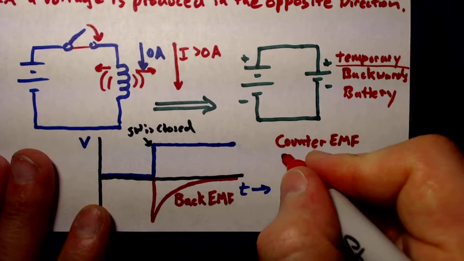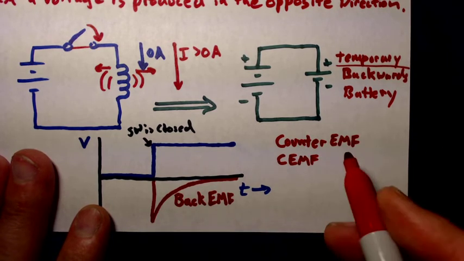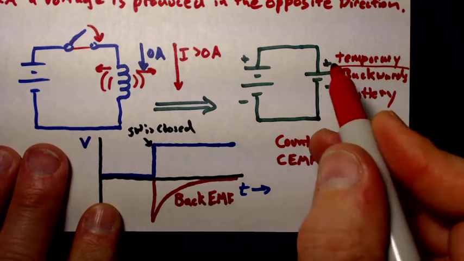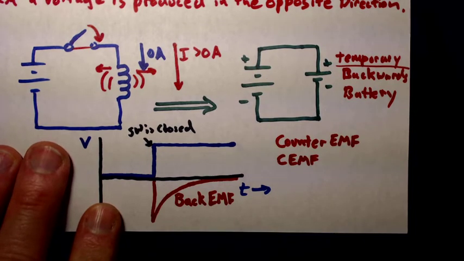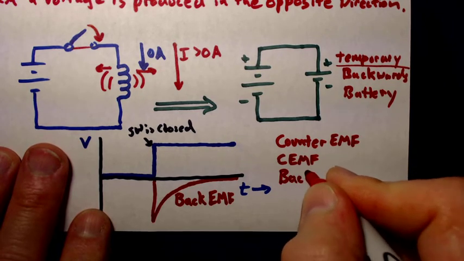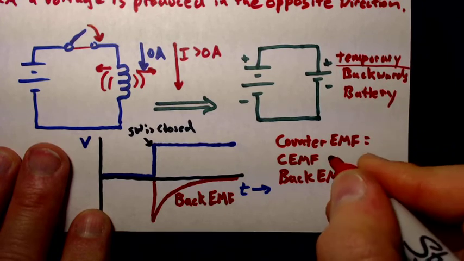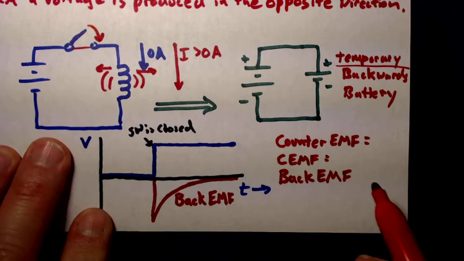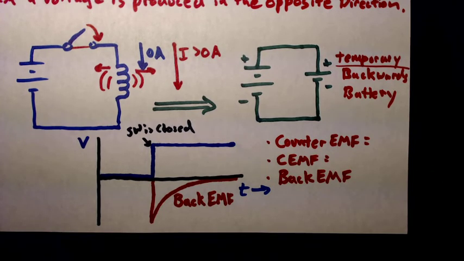You may see CEMF for counter EMF, right? Because it's a counter voltage. It's a counter electromotive force. It's countering the initial guy that caused it to change in the first place. So counter EMF, CEMF, or back EMF. They're all the same thing. Just three different words for saying the same thing.